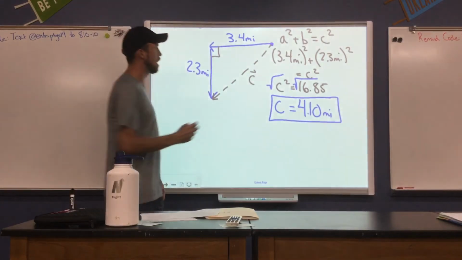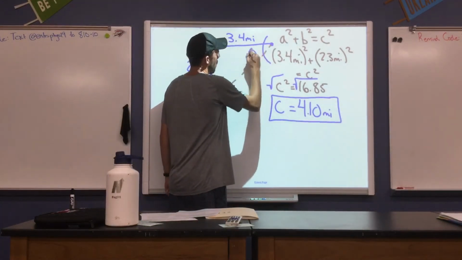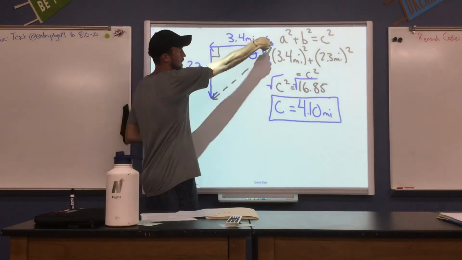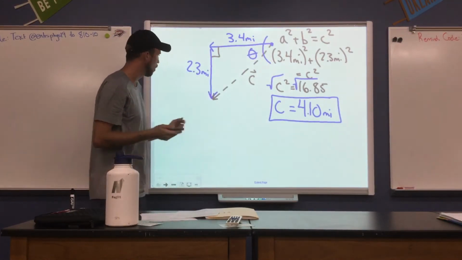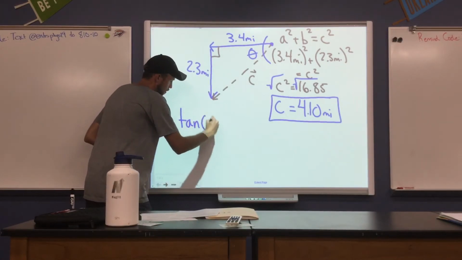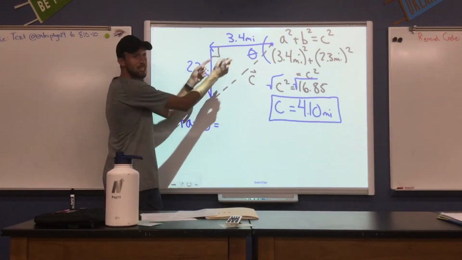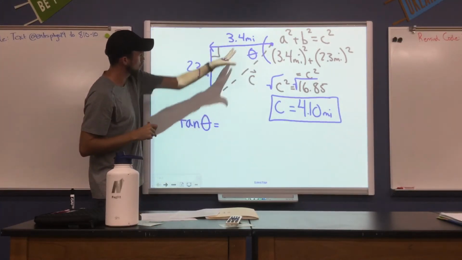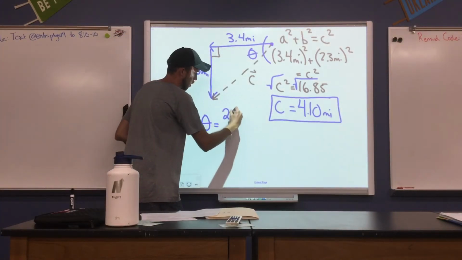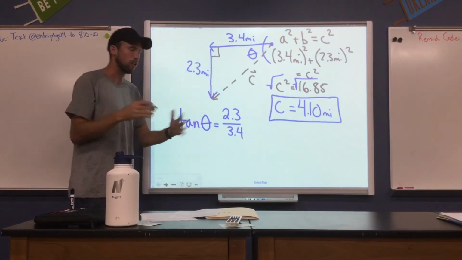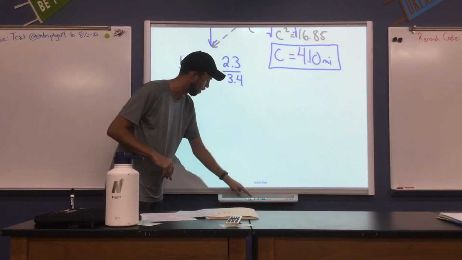Now we also need to find our angle. Remember, our convention is that we always measure our angle relative to where we start. So we start up here at the tower and then work down to North. For our angle theta, we can use a tangent function because we know the sides opposite and adjacent to our angle. So tangent theta is equal to opposite, 2.3, over 3.4. I'm going to leave the units off to make this easier to work with.